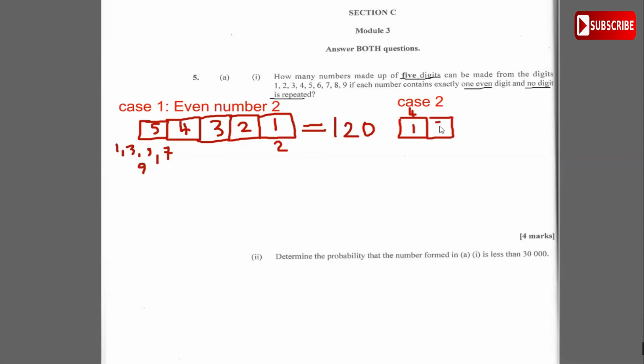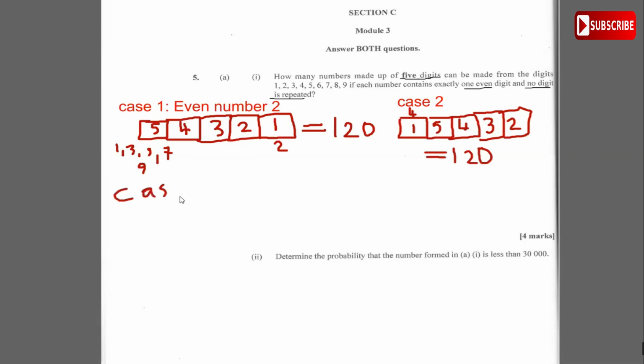5 ways. Then there are 4 ways for the third number, then 3 ways, then 2 ways to choose the last number. This is still 5 factorial again, which works out to be 120. So pretty much what that is telling me is that in all the cases I'm going to get 120.